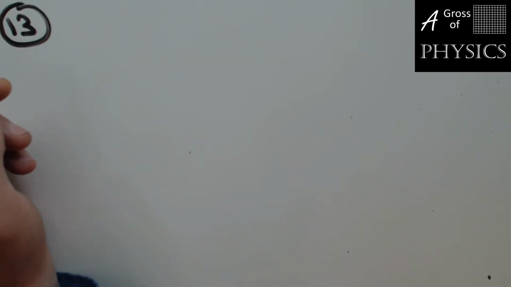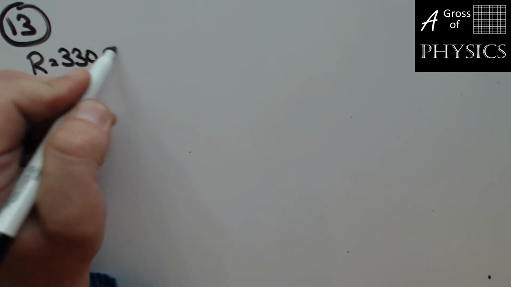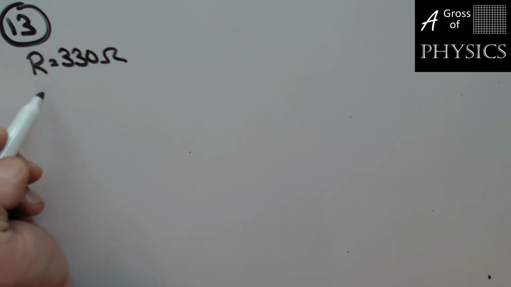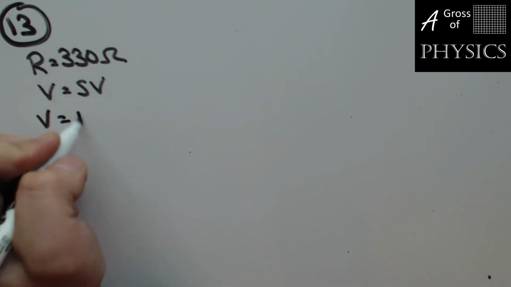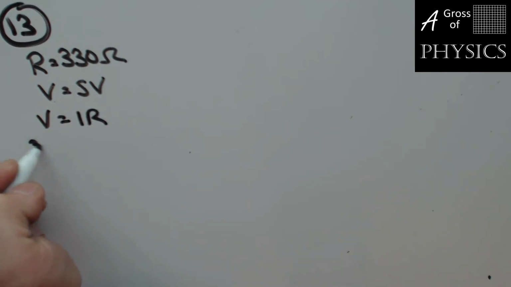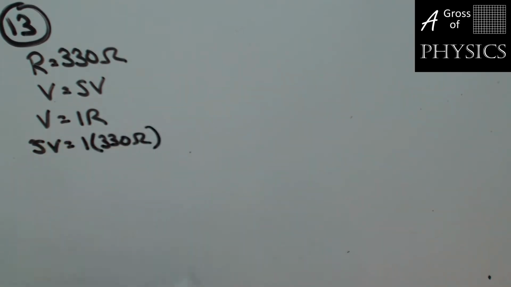All right, 13. We have a 330 ohm resistor, so R is 330 ohms. It's connected to a 5 volt battery, 5 for V. The current flowing through the resistor: V equals IR. 5 volts equals I times 330 ohms.